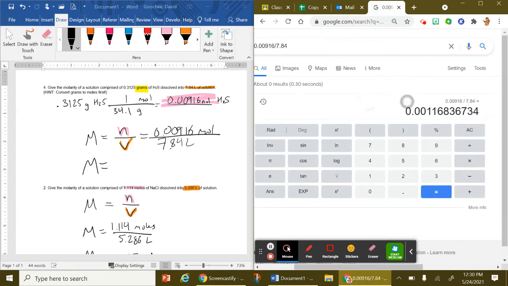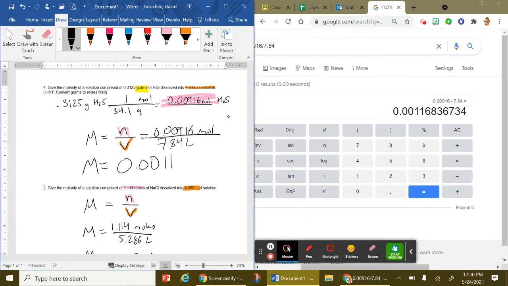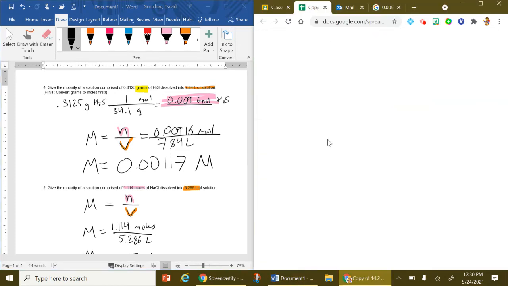I get molarity is 0.001168, or 0.00117 molar solution. Okay, let's see if that's right.